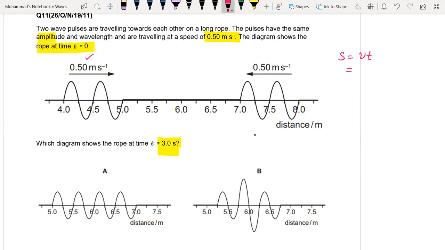So speed is 0.5, time is 3, so they will cover 1.5 meters in opposite directions. So this point will be at distance 1, and this point will be at this point. If I draw this wave after 3 seconds, I will have this wave.